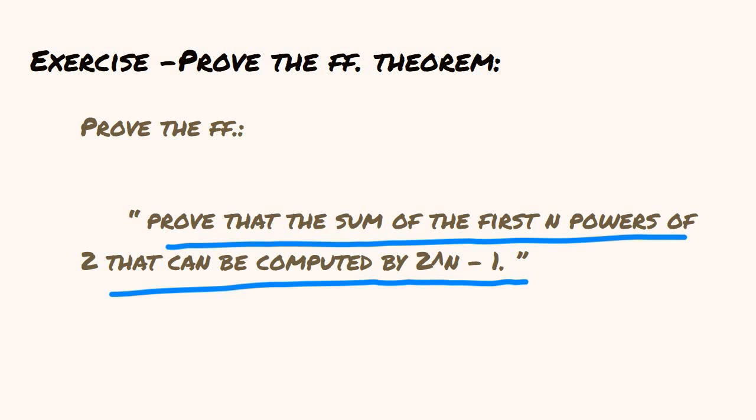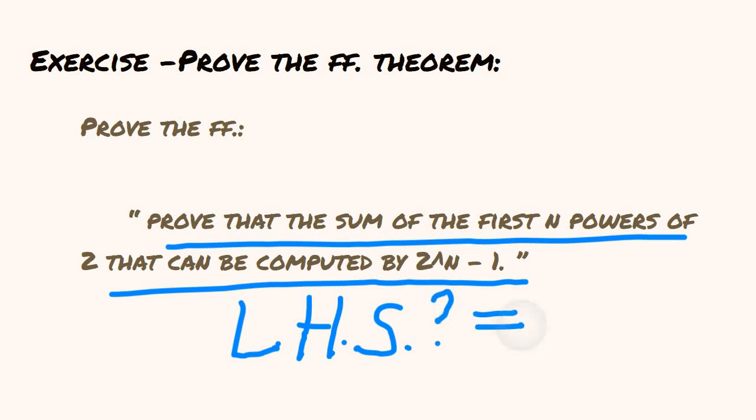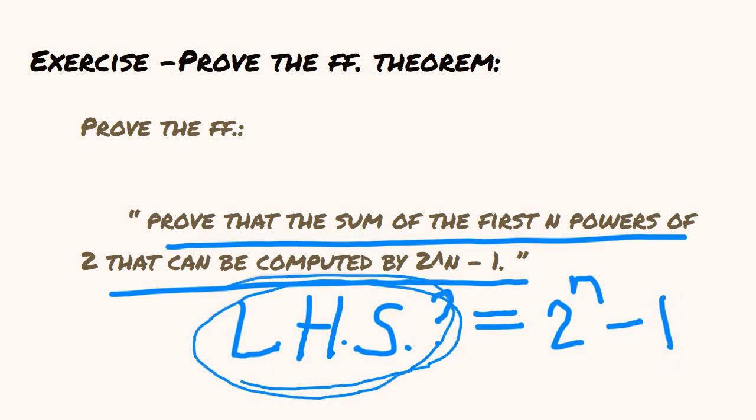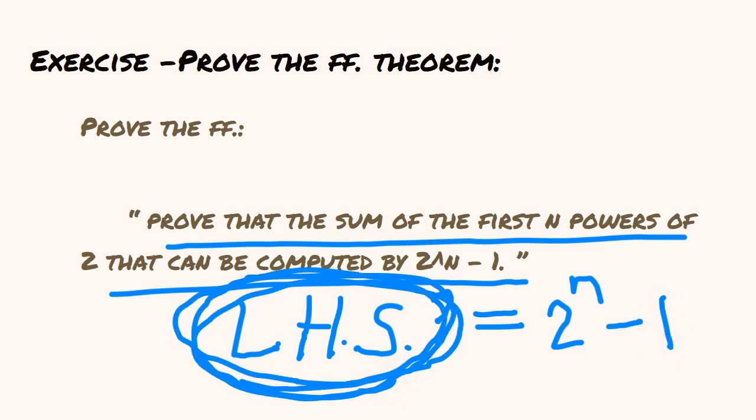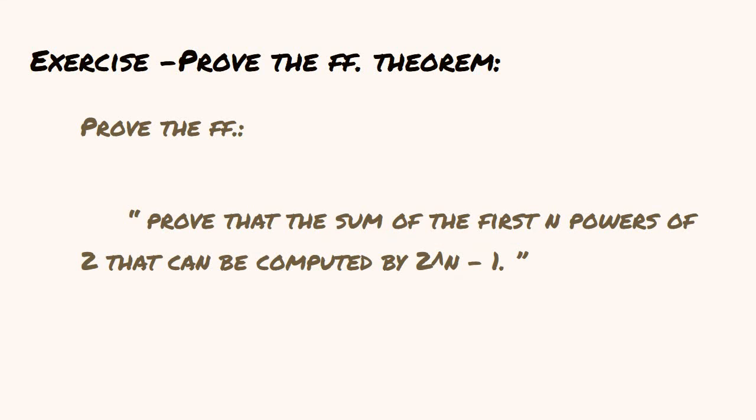The first step in solving this, although I will solve it in the next video, is to understand what is really the left hand side that will match the right hand side. Sometimes the confusion is in the left hand side. That's it.